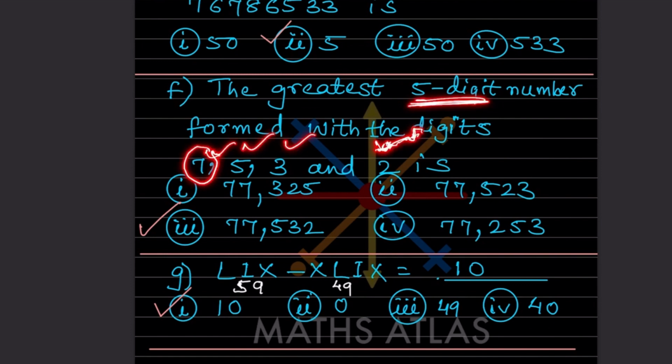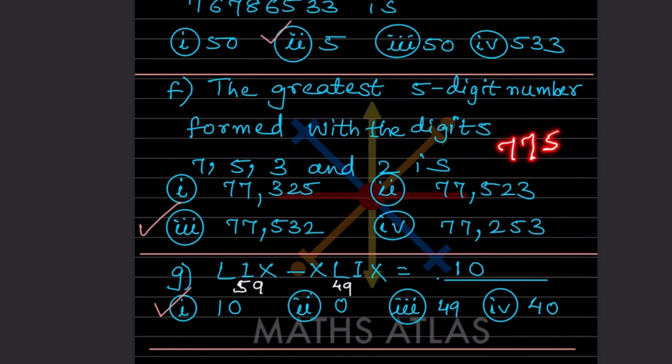We have only 4 digits, so we will repeat the 7 twice. So we write 7, 7 twice, and then the rest of the digits go in descending order, that is 5, 3, 2. Okay, so the answer is 77,532.